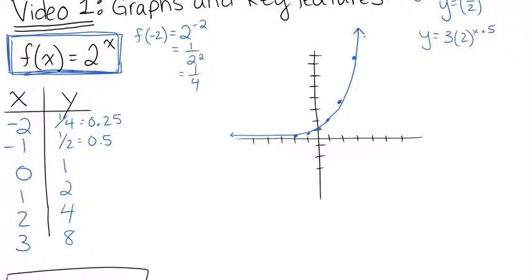So let's point out some key features of our exponential function. We've got an asymptote right along this line, right along the x-axis.